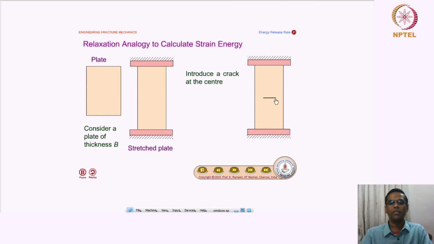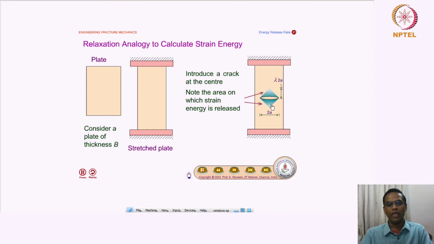So what happens? This is a crack, and the crack appears as an ellipse here, an elliptical hole. And what are these two triangles which are shown? This is a strained region.